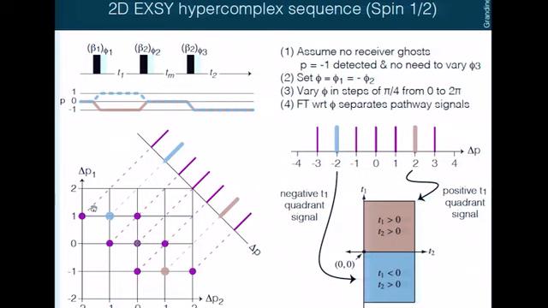But if you did a double Fourier transform, you just click here and then click here, you would pull out the 2 cross sections, which are the positive and negative time quadrants. But as I said, you could make these just phi and -phi. You can make a one-dimensional experiment where you just do one Fourier transform with respect to phase, click here and click here to get the positive and negative times, and you're ready to do the rest of your hypercomplex processing there.